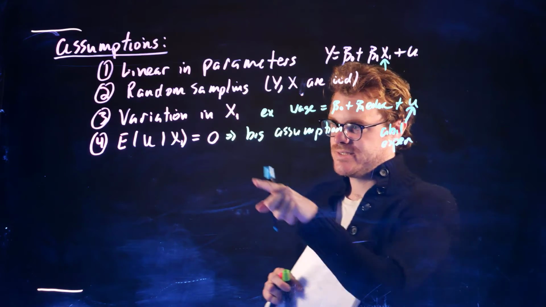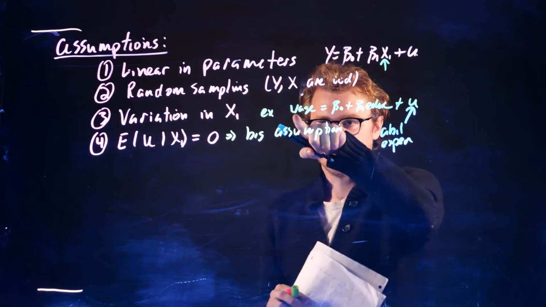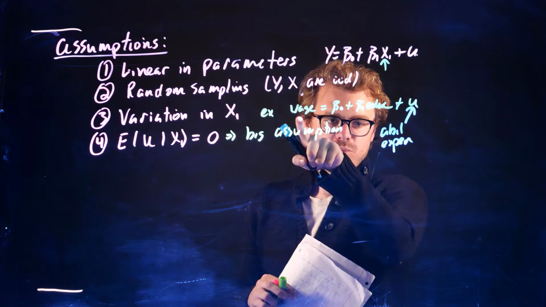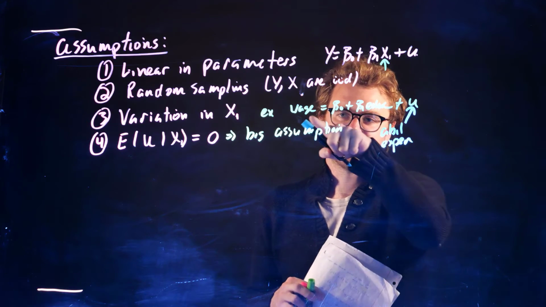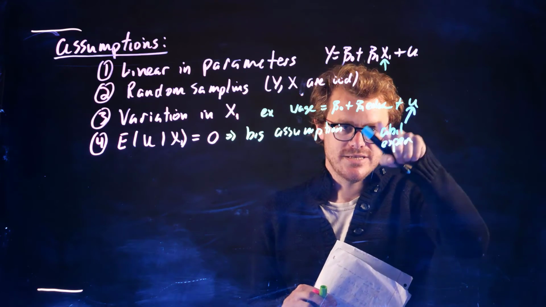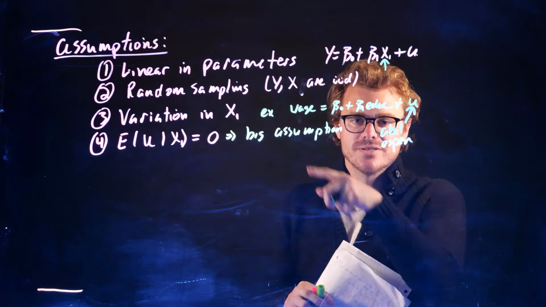Essentially, this assumption says there's no correlation between variables that affect wages and that are also in this U. So there's no correlation between education and these variables in the U that also affect wages.